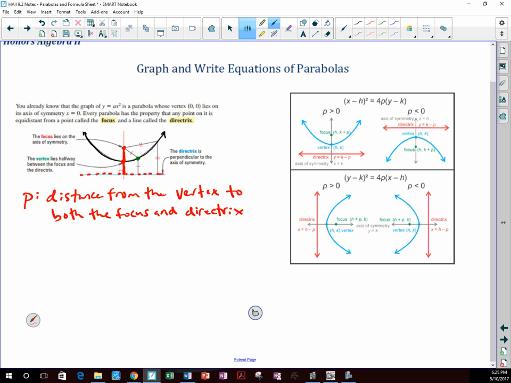That distance is P. So from the focus to the directrix would then be 2P.